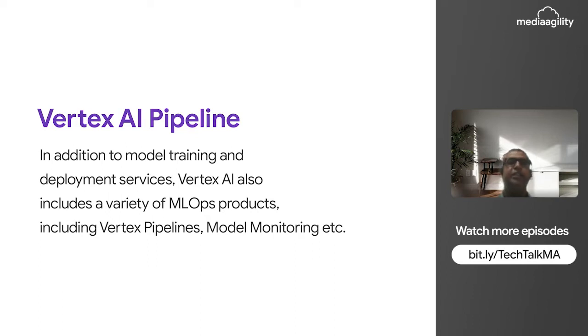In addition to model training and deployment services, Vertex AI also includes a variety of MLOps products, including Vertex Pipelines, model monitoring, etc. All these things are facilitated under the umbrella of Vertex AI.